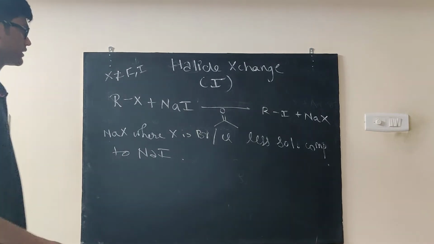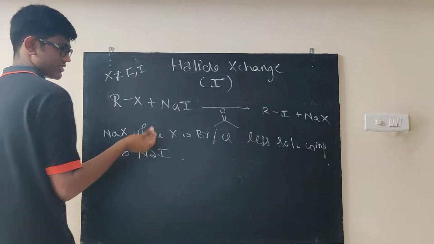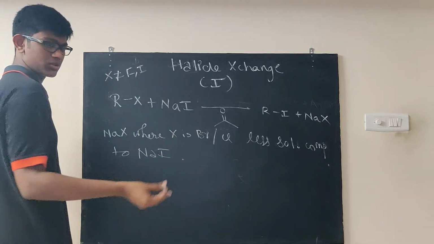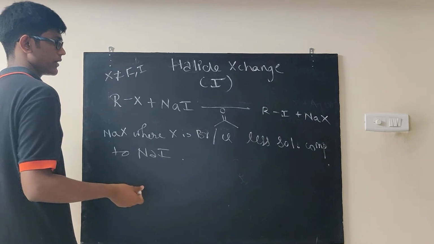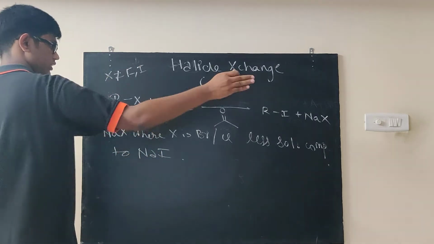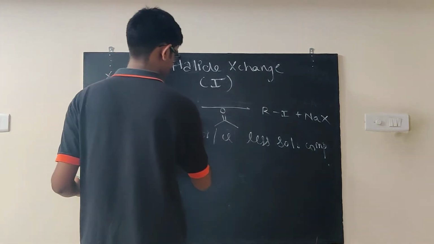So in that way you can see how this reaction works, because it's heading towards more stability. The less soluble you are, the more solid-like you are, and the more solid-like you are, the lesser entropy you have. So you become more stable that way, and you move in this direction.